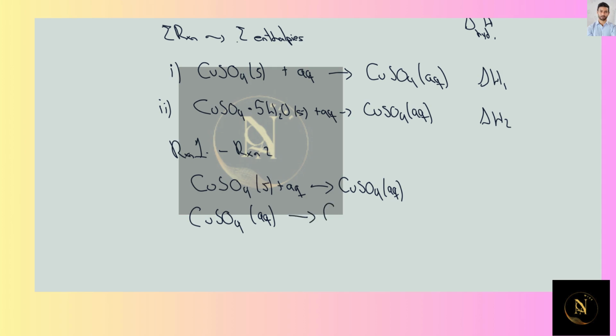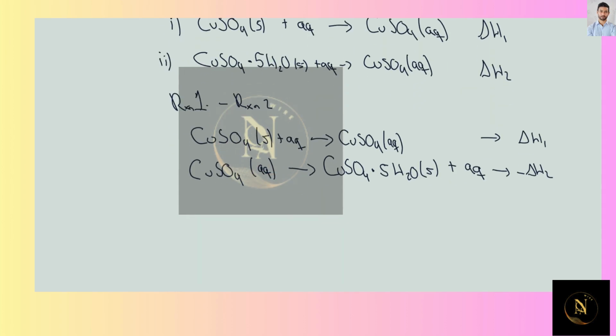So minus reaction 2 is equivalent to doing this part of the reaction. The reactions over here are going to correspond to delta H1 and to minus delta H2. Thus, applying Hess's law, we can add these now together, and what you're going to see is that the aqueous medium is going to cancel out on both sides, and the copper sulfate is going to cancel out as well.